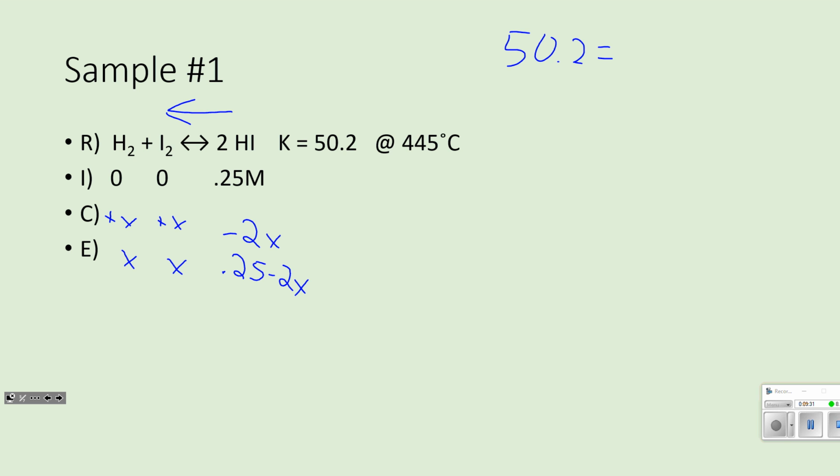That would equal products, which is 0.25 minus 2x, raised to their coefficient, divided by reactants. What's another way of writing x times x? Squared.